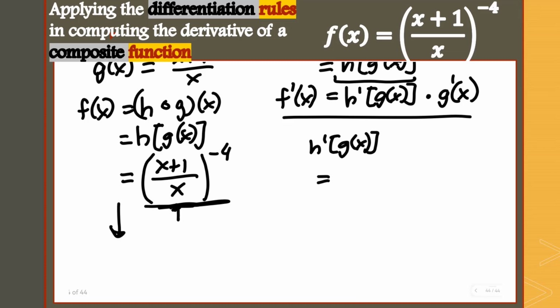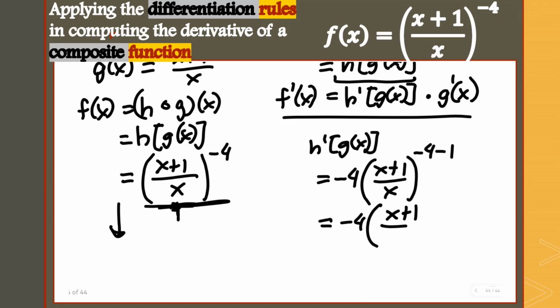Therefore, according to the power rule, we use n, that's a -4, times this expression (x plus 1) over x raised to -4 minus 1, which will give us -4 times (x plus 1) over x raised to the power of -5.